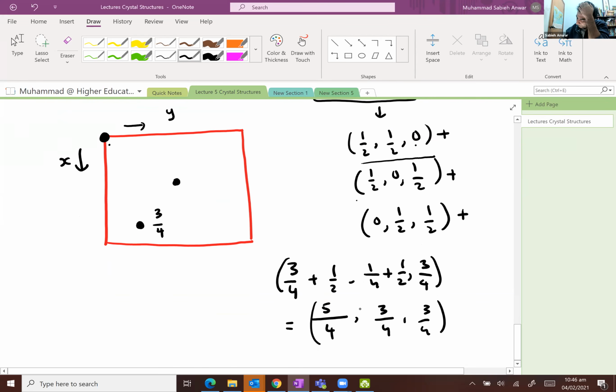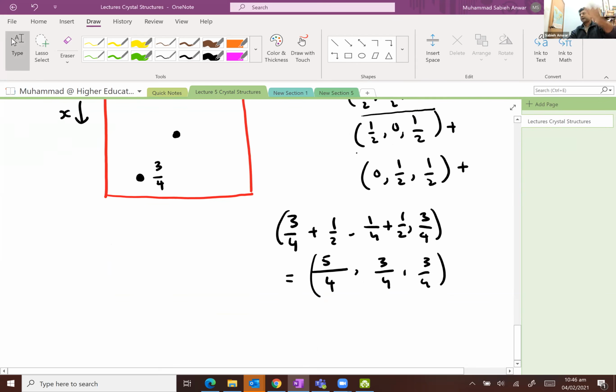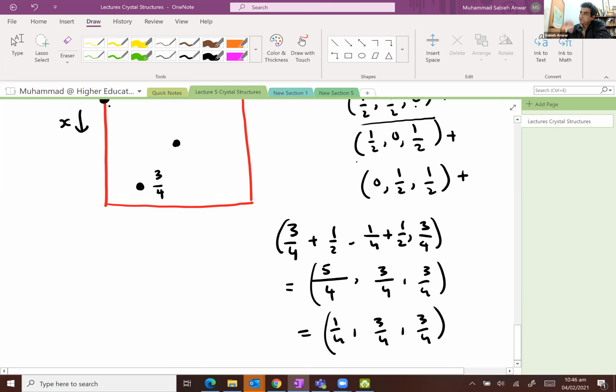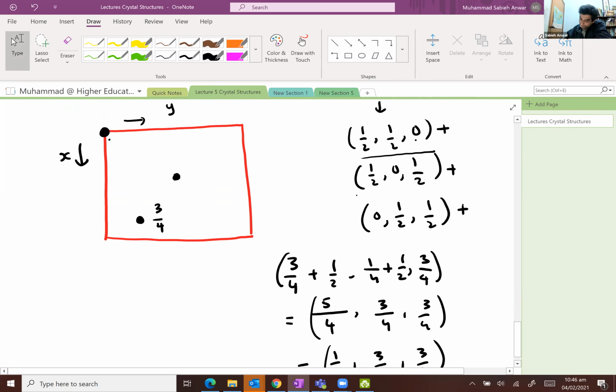Now 5 by 4 is greater than 1, so I move outside the unit cell, but then I could do a translation by -1 and get back into the unit cell. So I'll end up here: X is 1 by 4, Y is 3 by 4, and the elevation is 3 by 4. So I get a carbon atom here.